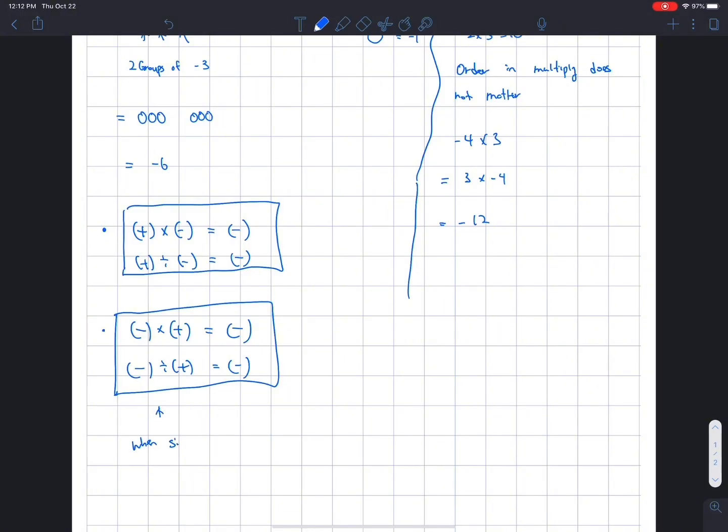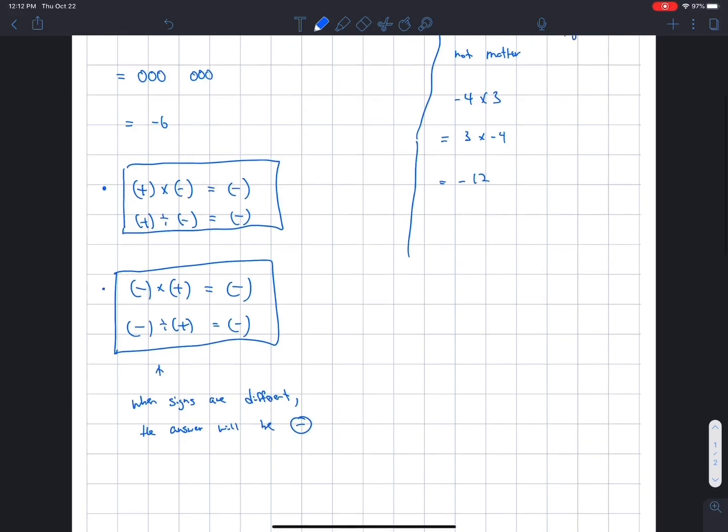When signs are different, the answer will be negative. Okay, so this applies when the signs are right next to each other. It also applies when we are multiplying or dividing.